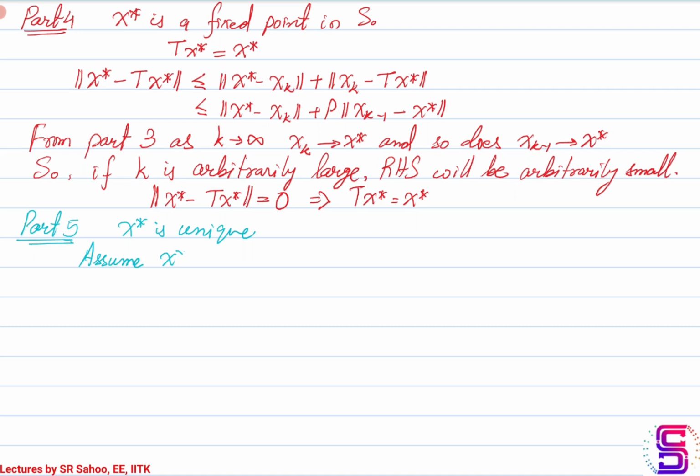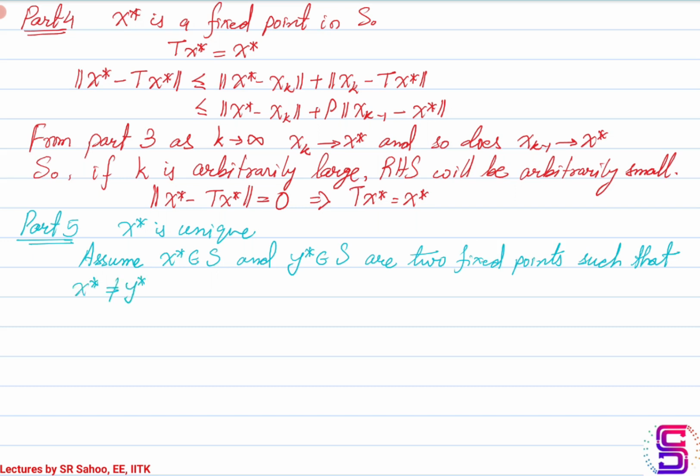Assume that x star in S and there is another fixed point, let's say y star, two fixed points such that x star and y star are not the same.